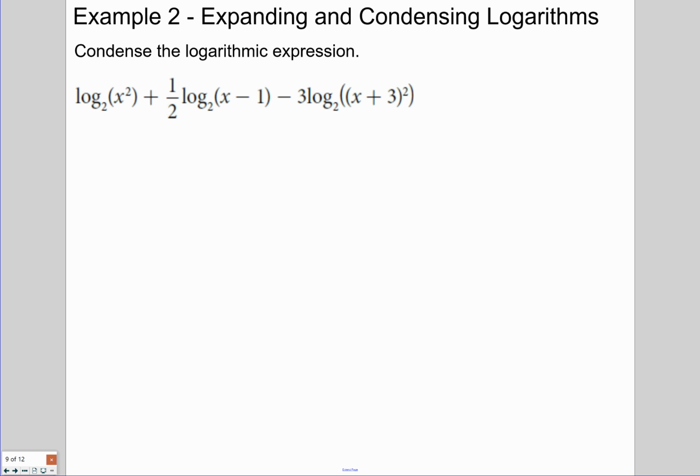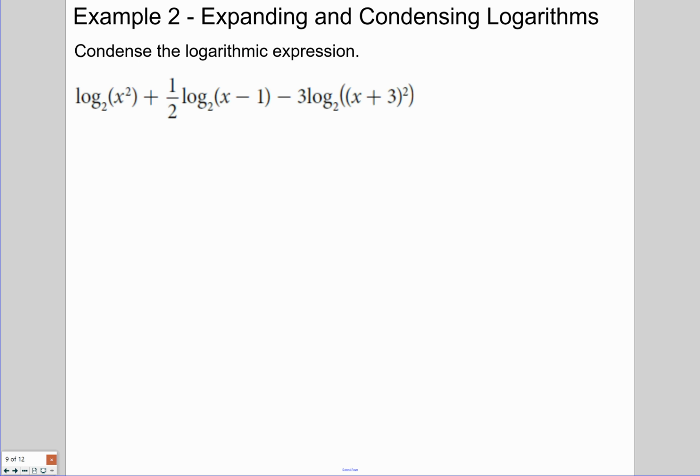Log base 2 of x squared plus 1/2 log base 2 of x minus 1 minus 3 log base 2 of x plus 3 squared. That was perfect. That was really well done, Gilberto.